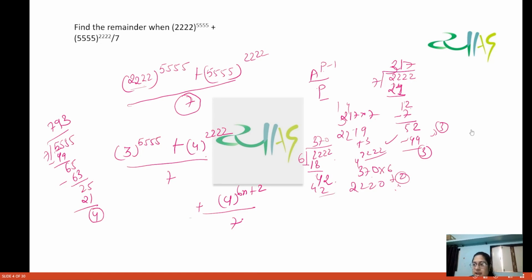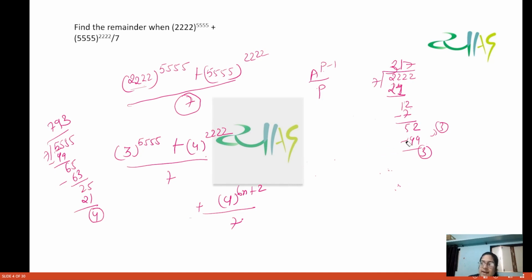First let's also calculate what remainder we are getting for 5555 when divided by 6. So I am dividing this 5555 by 6. What is going to happen here is, 6 9s are 54, and then you have 15.